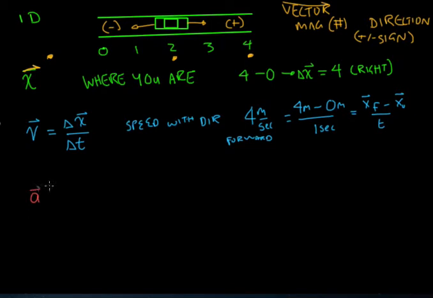Okay, so that's velocity, and our final item to cover is the idea of acceleration. So acceleration is the change in velocity. As you're merging on the highway, you don't want to stay at 30 miles an hour. You want to go from 30 all the way up to 70. And so that mathematically is the change in velocity divided by the change in time.